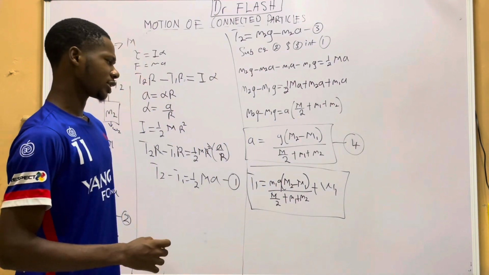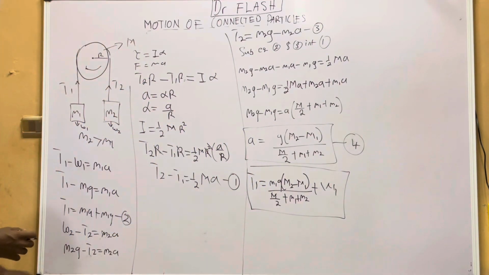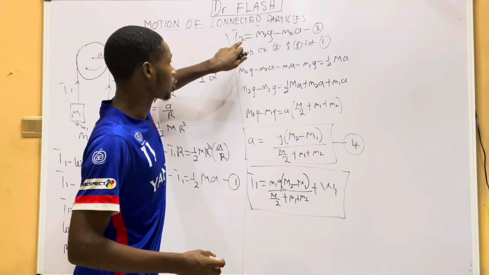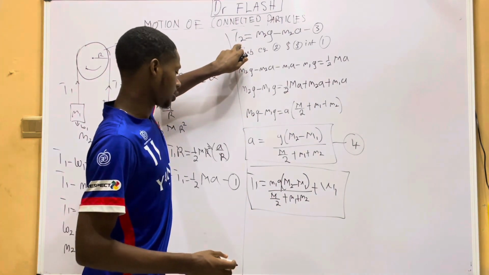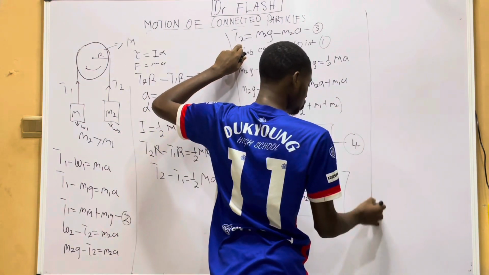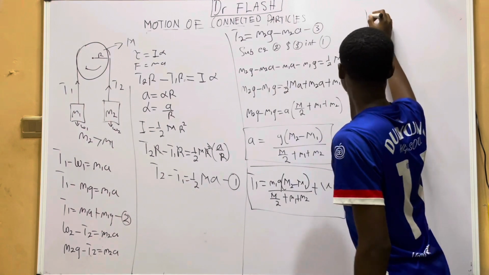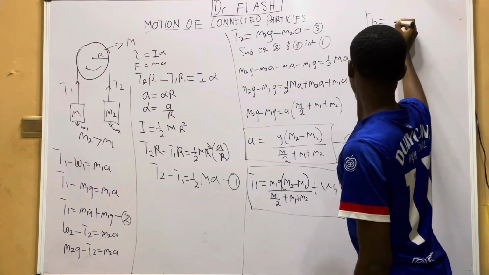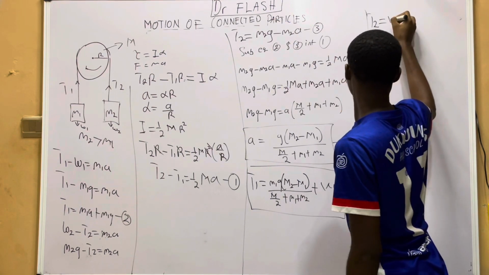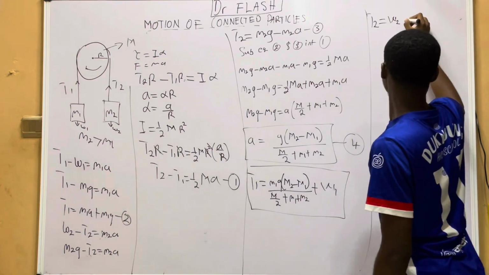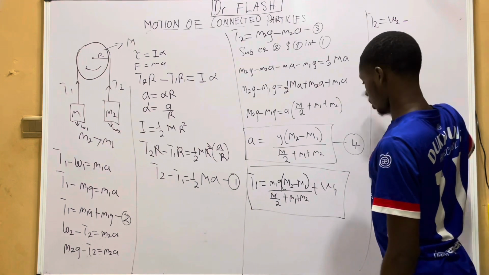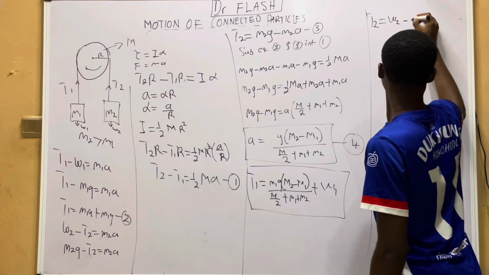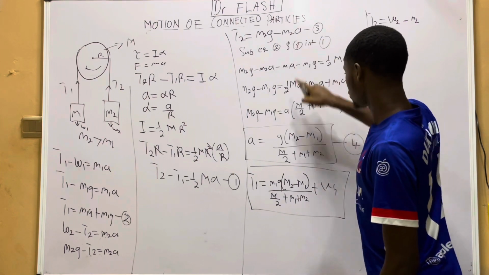Now, how about the tension for the second one? All we have to do is go to equation 3. We're going to be subtracting this time around. So for the next tension, T2 equals M2 times G, which is the weight of the second mass, subtracting M2 times the acceleration.